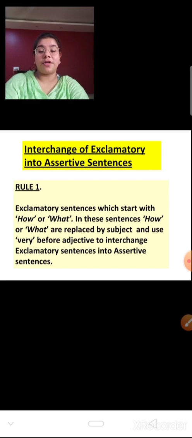So the first rule says that if any exclamatory sentence starts with how or what, then we will remove how or what and write the subject instead of that and use very in the sentence. Let us see this with the help of an example.